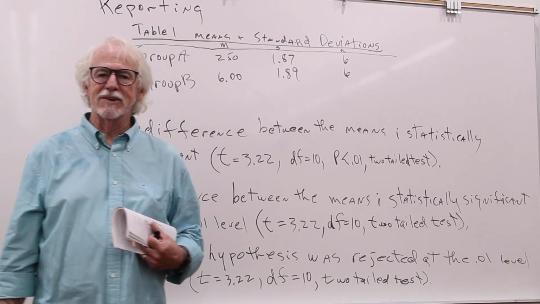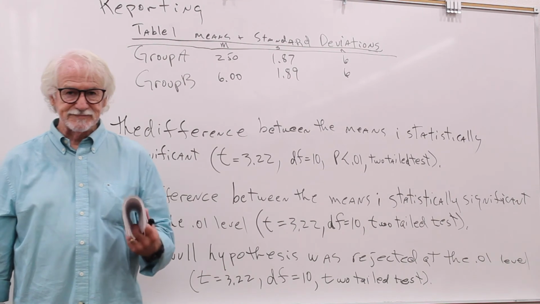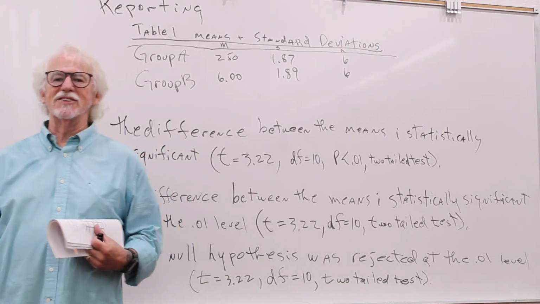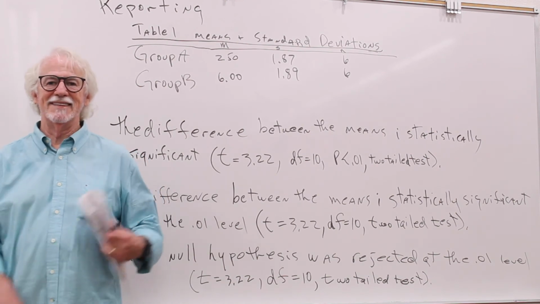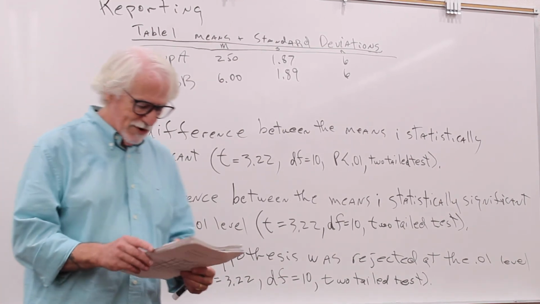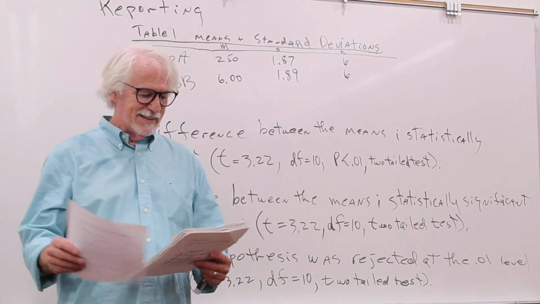So that's the difference between statistical and practical. You want to study things that are going to have some practical significance if you're right. Okay? All right. Now let's move on to what happens when it's not statistically significant.